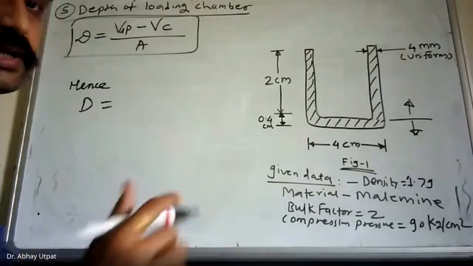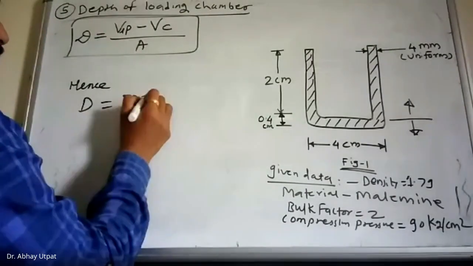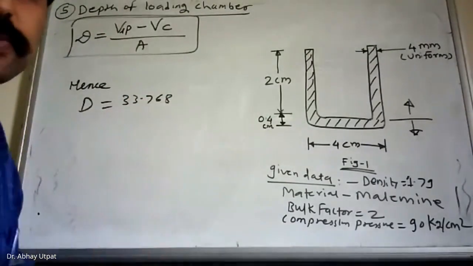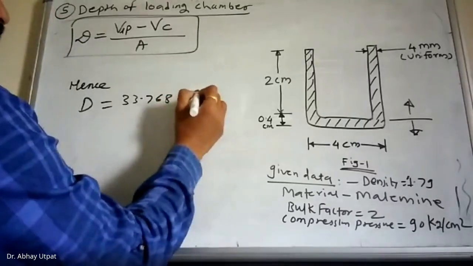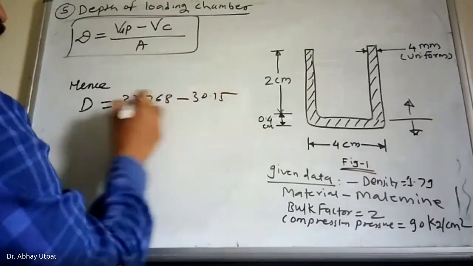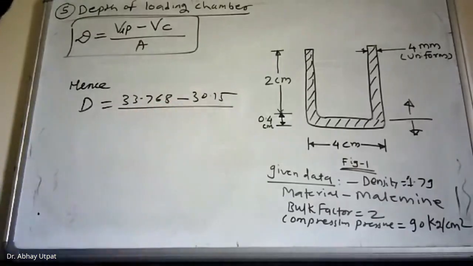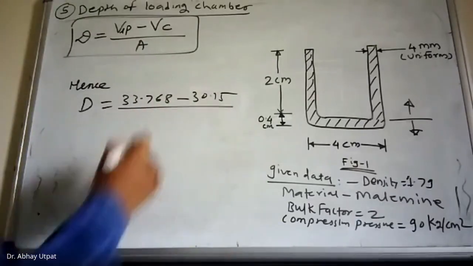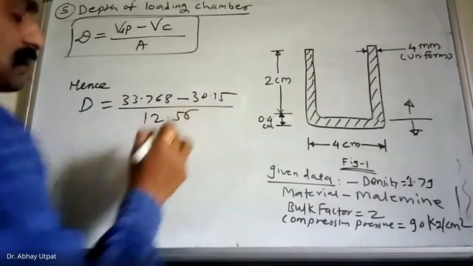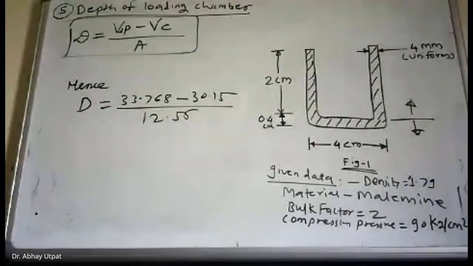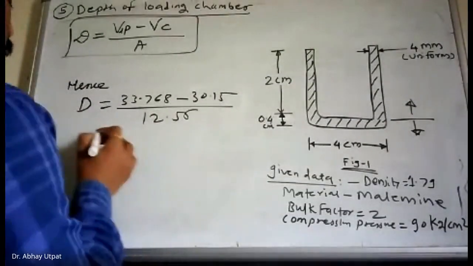It was 33.768 minus 30.15 divided by projected area, 12.56. Tell me the value of D.